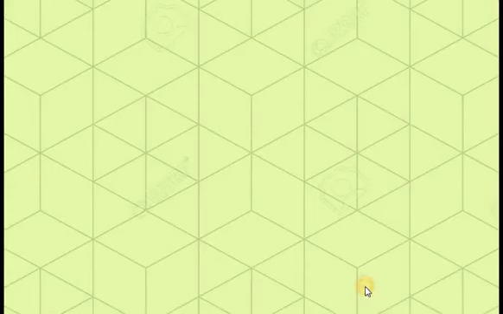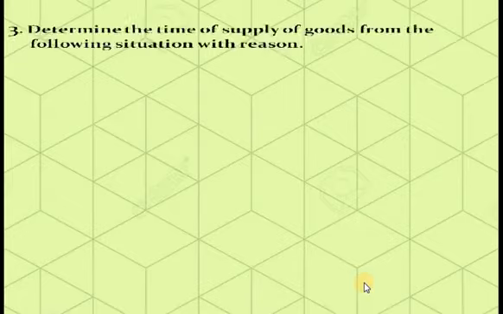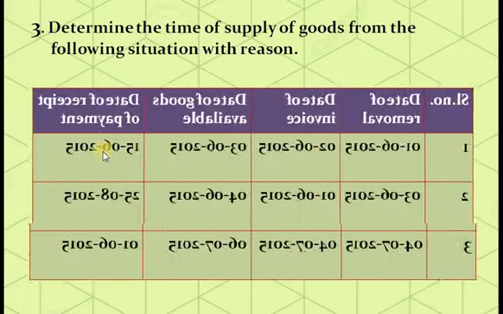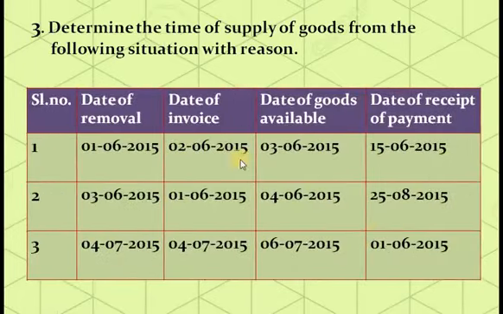And in the next question, I want you all to find out the time of supply for this particular question. I have given only the question, I have not given you the answer. Please make sure you write the answer in your notes. Determine the time of supply of goods from the following situation with the reason.